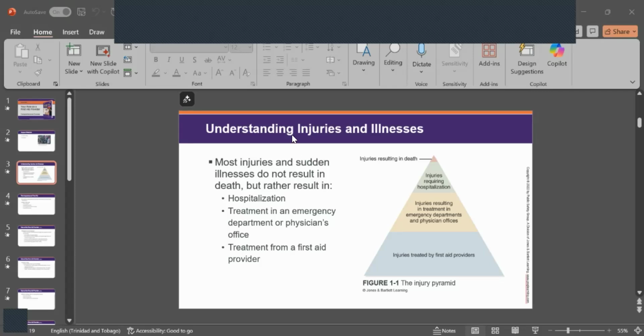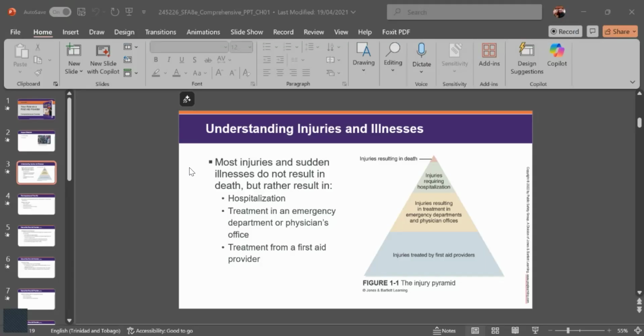On the screen here, this little triangle is called the injury pyramid, right? Typically what it does is show you the number of situations and cases where workers are treated and the severity of the condition. You would see the majority of situations are treated by first aid providers. So it ties right into most injuries and sudden illnesses do not result in death.